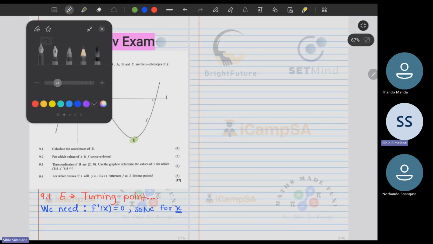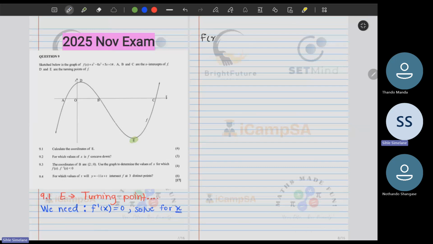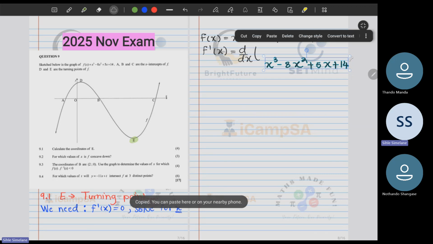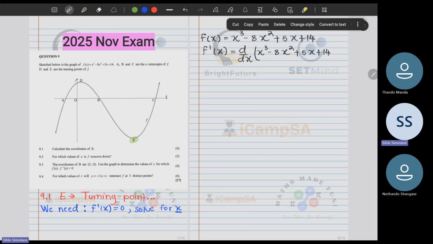Now, if you observe carefully, we have our f of x function given as x to the power of 3 minus 8x squared, and then plus 5x plus 14. So I need to go and find f prime of x, which is just the derivative with respect to x of all of this here, of f of x, okay, like that.